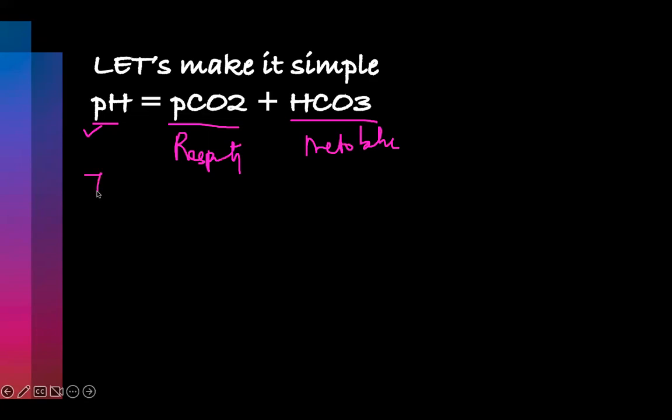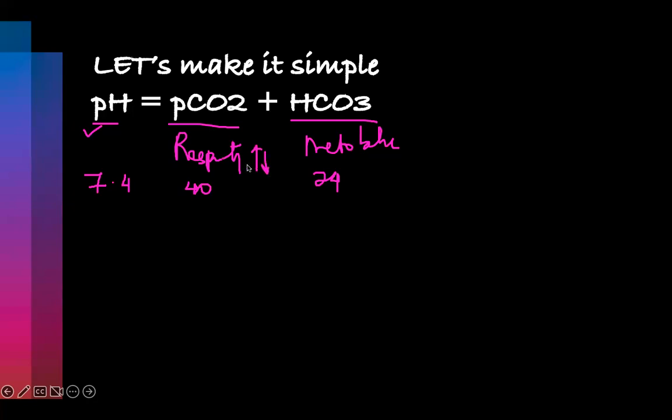Your pH, like I told you, the neutral pH is 7.4. The CO2 we're going to work with is 40. And the bicarb is 24. So any change to bicarb is a metabolic problem. Any change to CO2 is a respiratory problem. So these can go up and down, and the name changes.